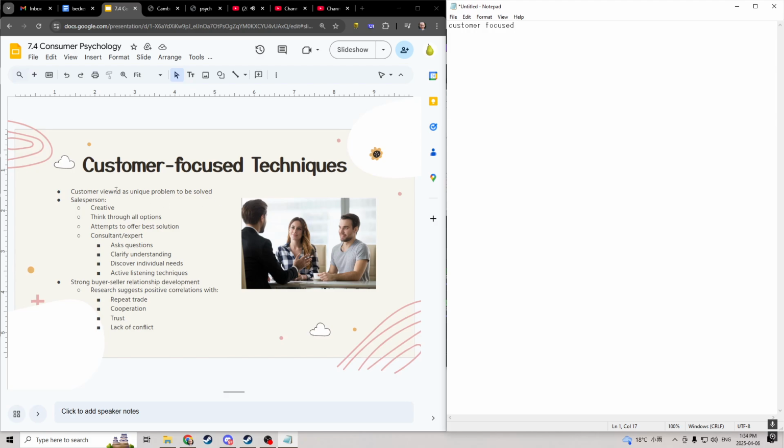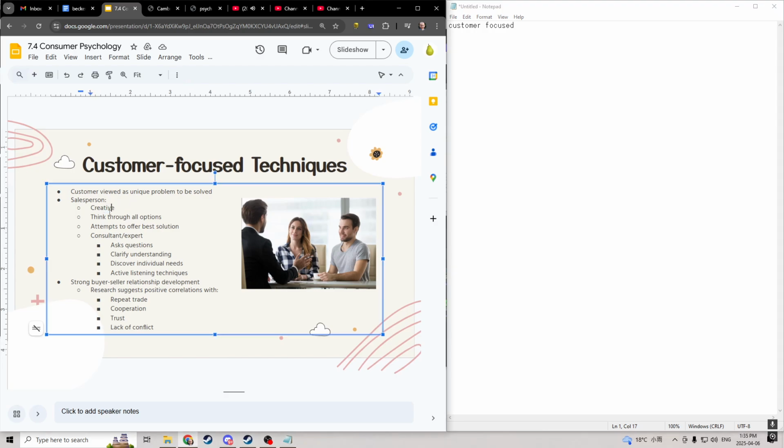Customer is viewed as a unique problem to be solved. The salesperson has to be creative. He must think through all the options, make attempts to offer the best solution, and be kind of like a consultant, an expert. So he asks questions to the client, clarifies the client's understanding, discovers their individual needs, and uses active listening techniques to try and make sure the customer feels heard and make sure that they understand everything about the customer's problem so that they can solve it as well as possible.